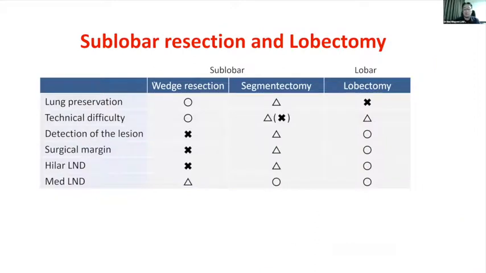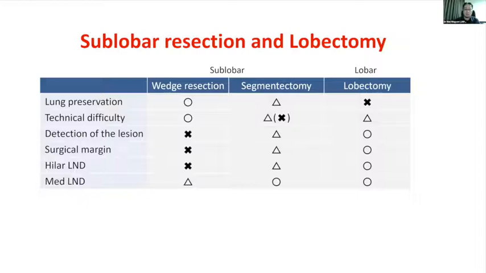This slide shows sublobar resection and lobectomy. Sublobar resection includes wedge resection and segmentectomy. Compared to lobectomy, lung preservation after segmentectomy is better. But segmentectomy is technically a more complicated procedure, because we need to expose the segmental bronchus and artery to the distal side, and we need to confirm the intersegmental plane when we perform the anatomical segmentectomy.